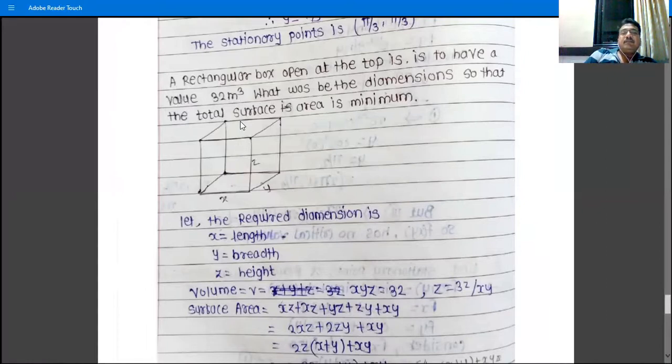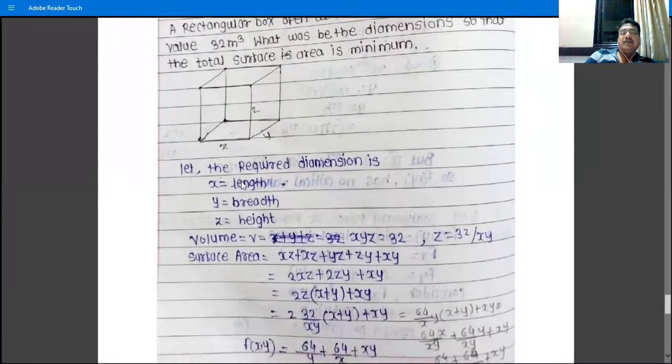So we have to prepare the box such that its volume is 32 meter cube, and we keep the surface area minimum. So the condition is that the surface area is minimum.